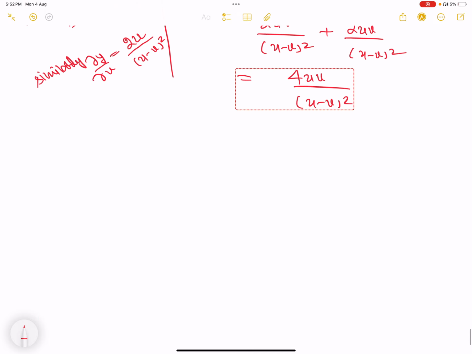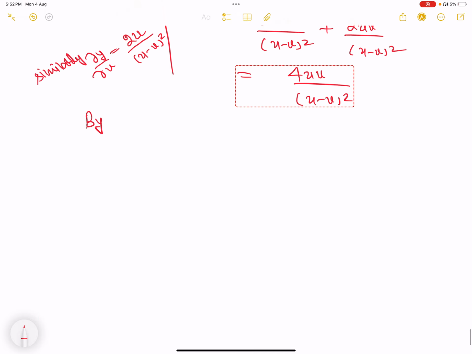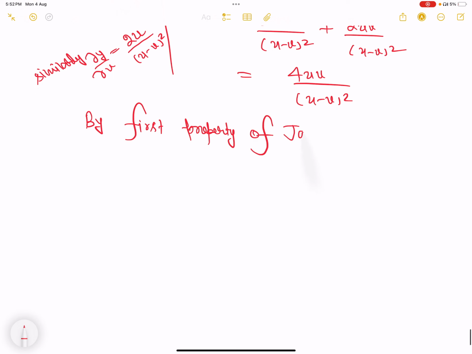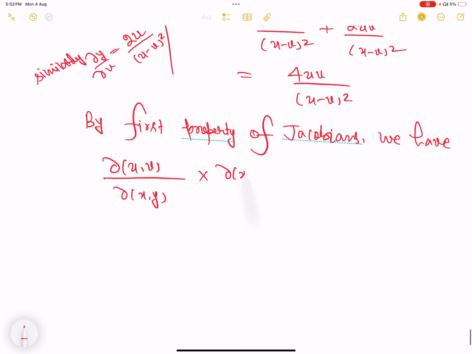Now by the first property of Jacobians, we have del(u,v) upon del(x,y) into del(x,y) upon del(u,v) is equal to 1.